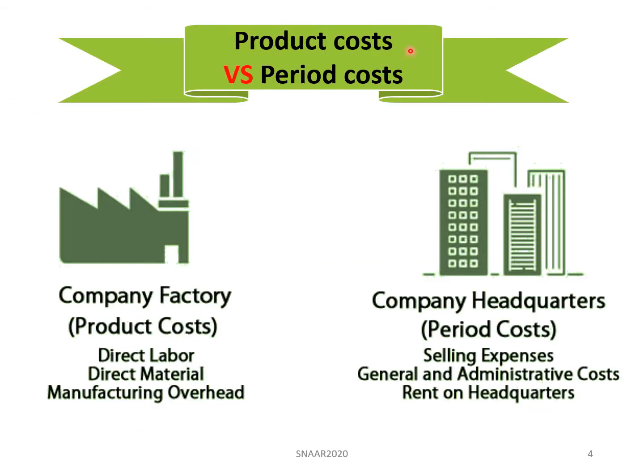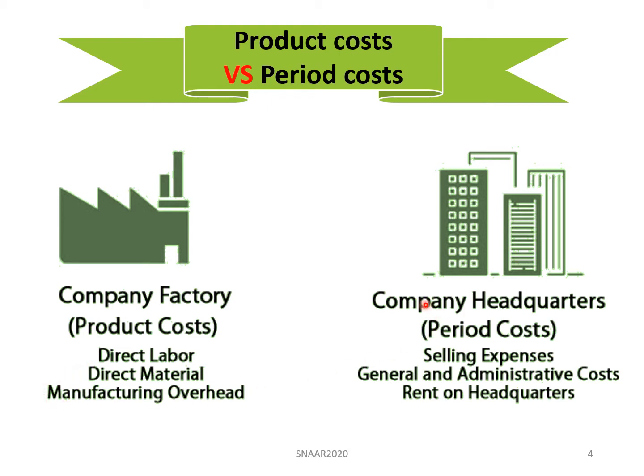I'm sure semua orang ingat lagi pasal product cost versus period cost. Kalau kita tengok kat sini, kalau melibatkan the factory cost, this is a factory. So, apa saja yang melibatkan production of the product in this factory, that is called product cost, termasuklah labor untuk convert that material into the product, the direct material itself, and also the manufacturing overhead.